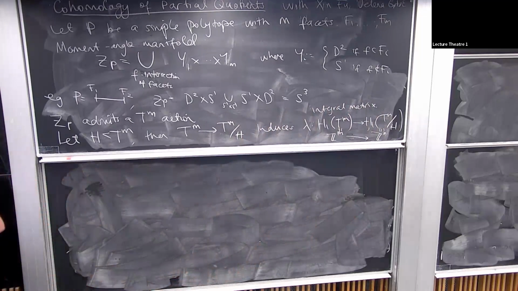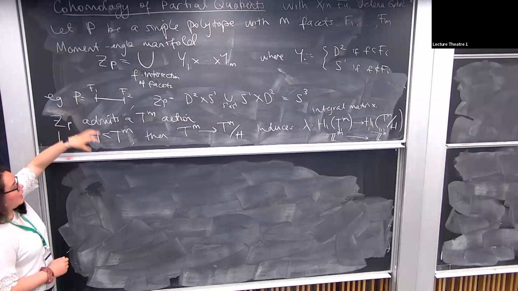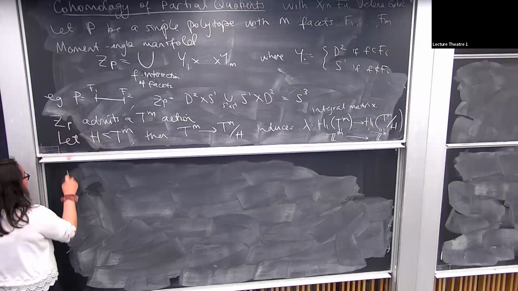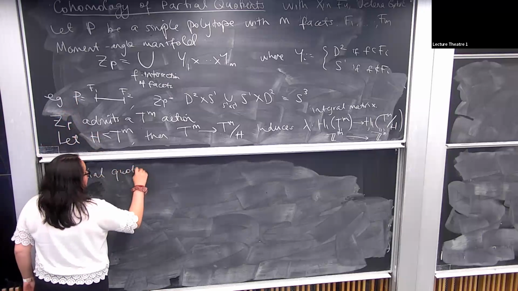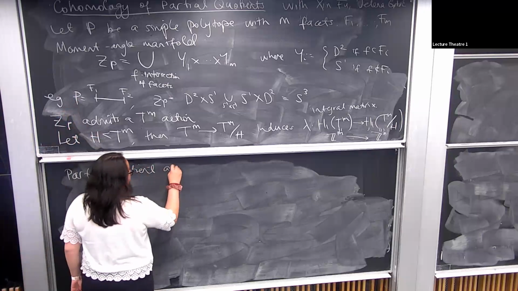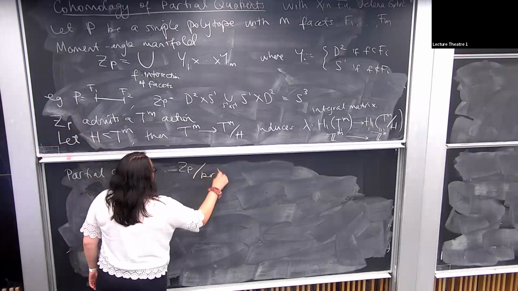The point of me introducing this action is because really we want to talk about what the partial quotient is. So we define the partial quotient to be Z_P quotiented by the kernel of lambda.